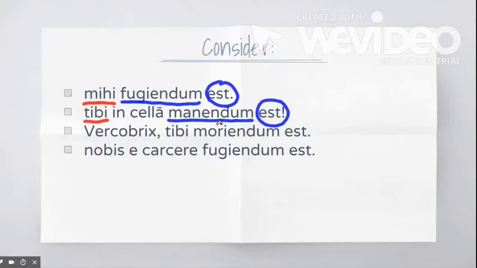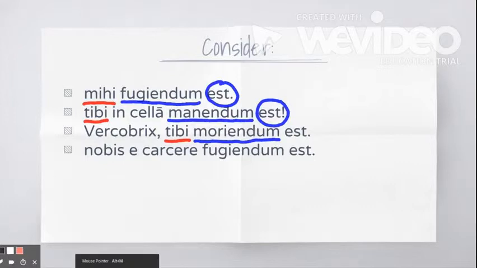In the third sentence, we are talking to Vercobrix, and yet we have him as a dative noun here with tibi, and then we have moriendum as the gerundive. If you remember, at the end of stage 25, Modestus was yelling at Vercobrix, and he said, Vercobrix, you must die. So in a way, it's saying it's necessary for you to die.